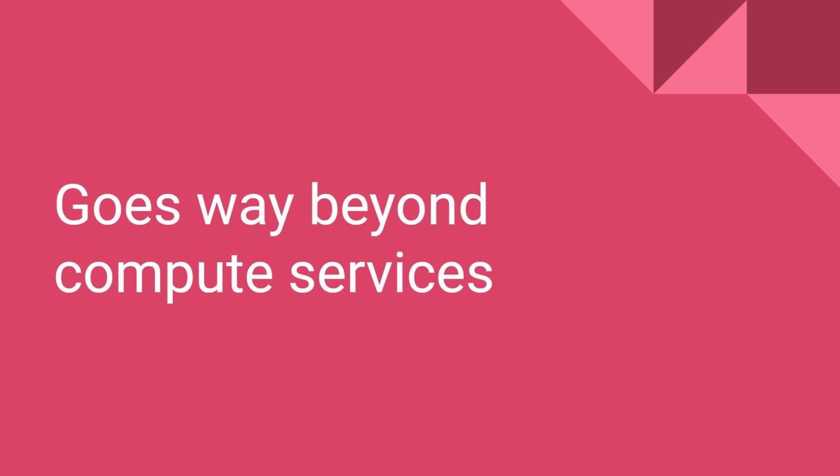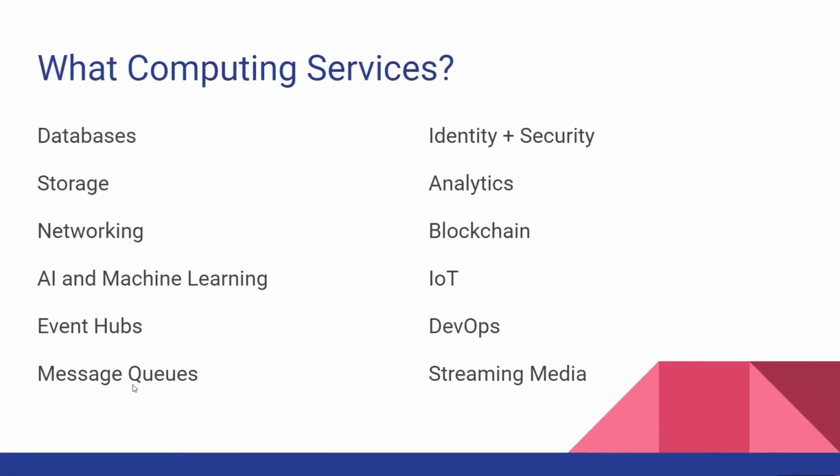The stuff that the cloud can do goes way beyond just compute. We're talking about databases, many, many different types of databases for all the different needs out there. We're talking about not even data, but storage, right? Files and backup files and websites and things like that. Networking services includes some security in there, like firewalls and things like that, load balancers.